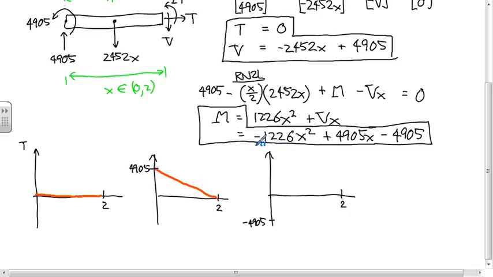I think its peak must be at the middle here. It's negative, so that's hard to imagine. Oh no, okay, no, it's just going to go like this. So this is its peak, and it does that.